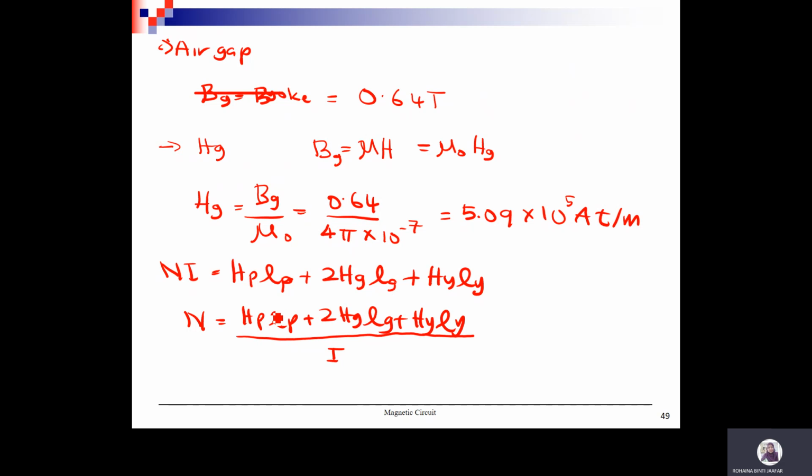You just substitute all the values we already got from the previous steps, and then divide by I. You will get 4204, and I is 2.5, so N equals 1682.10.